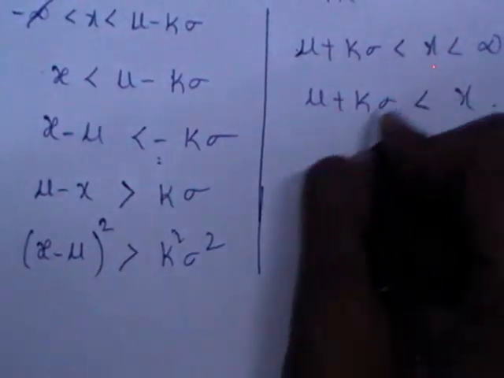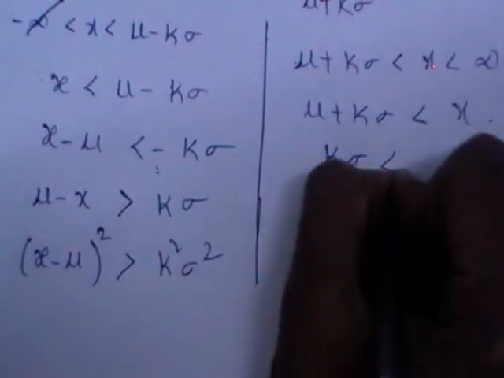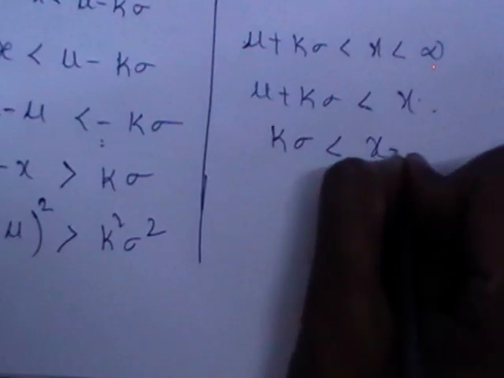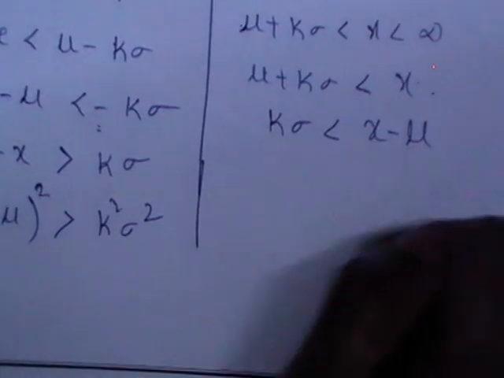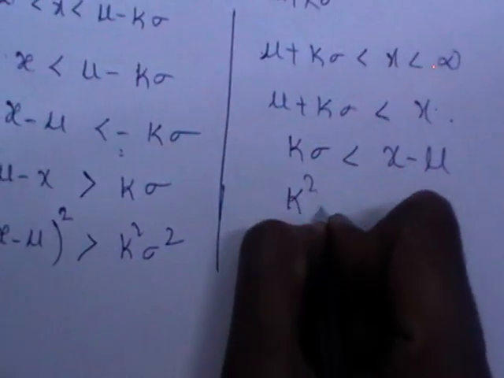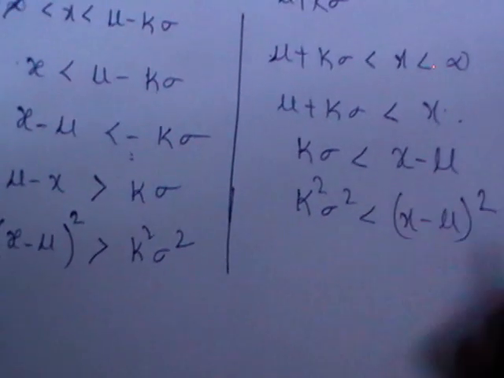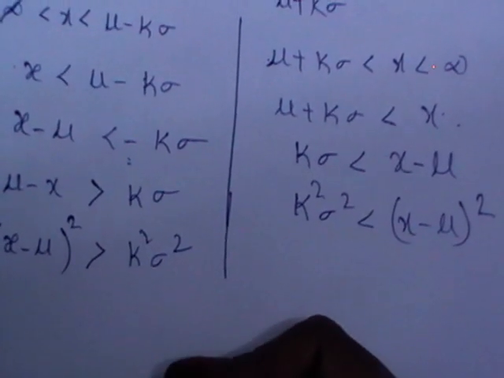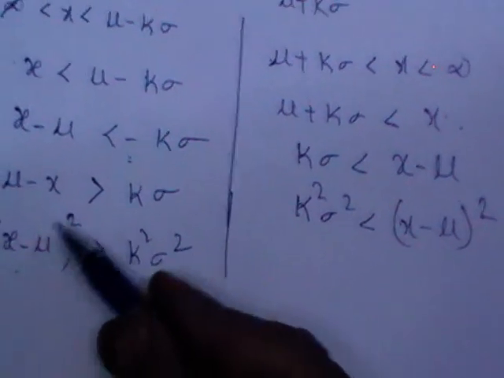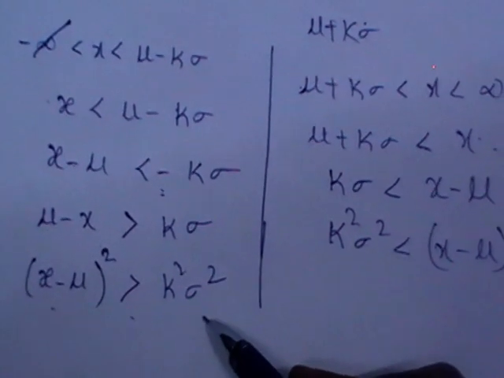Similarly here, if you shift mu to the RHS, you will get k sigma less than x minus mu. If you square on both sides, okay, in the first inequality you got x minus mu whole square greater than k square sigma square.